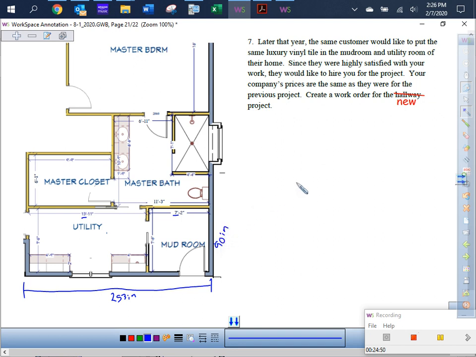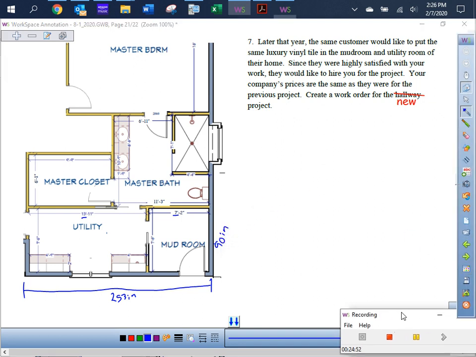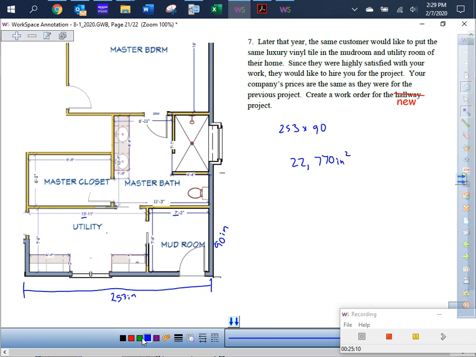So sweet. I am going to find the area of this. I got that multiplied together, the 253, just showing some work. Like I said, I know we can do all this in our calculator, but we'll show the work, and that's 22,770 square inches. Then I'm going to change it into square feet.